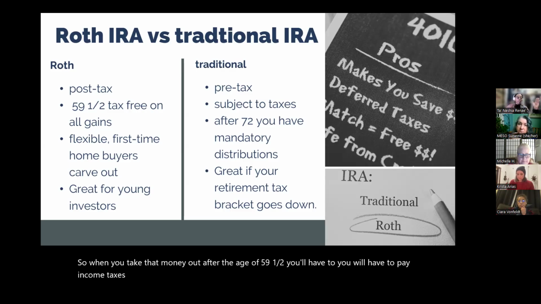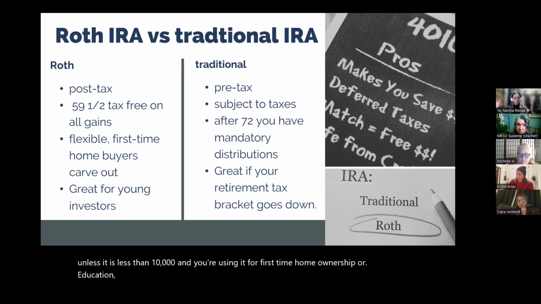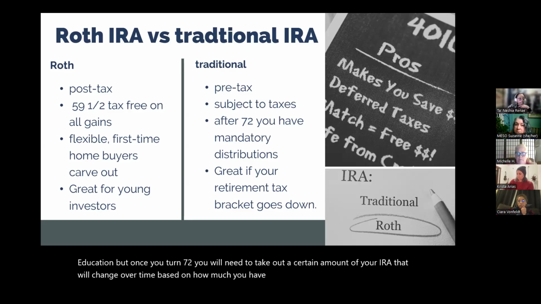If you withdraw the money before 59 and a half, you will have to pay a penalty unless it is less than 10,000 and you're using it for first-time homeownership or higher education. But once you turn 72, you will need to take out a certain amount of your IRA that will change over time based on how much you have in your IRA.